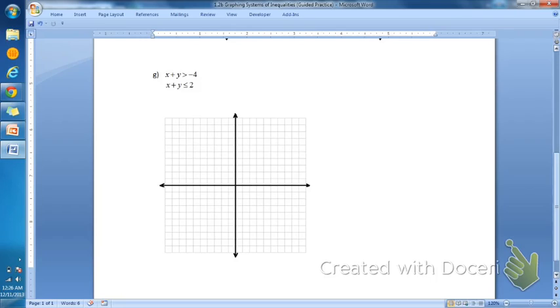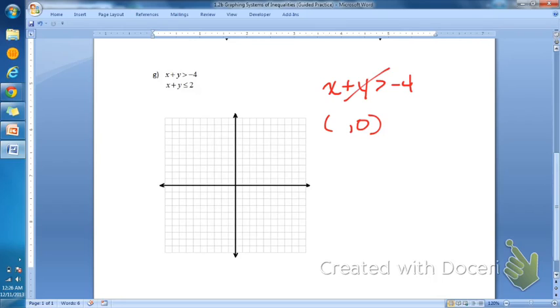In that first inequality, it was x plus y is greater than -4. If you were just going to graph this using the intercepts, it's ideal when your coefficients are 1, like in this situation here. Because your intercepts, if you remember, your x-intercept is when y is equal to 0.